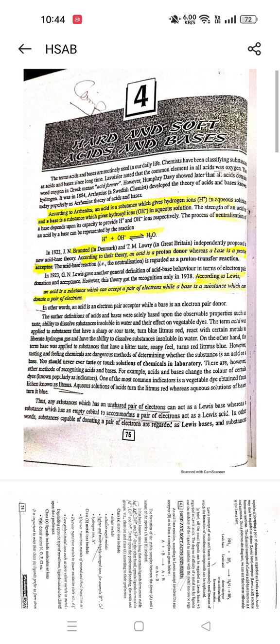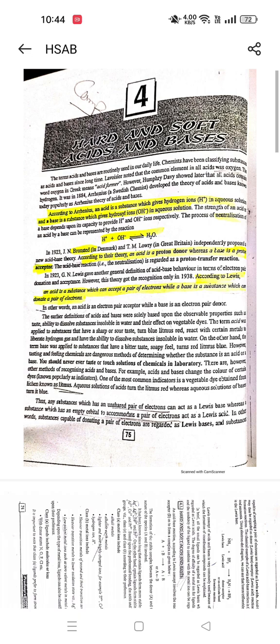The strength of an acid or a base depends upon its capacity to provide H+ and OH- ions respectively. The process of neutralization of an acid by a base can be represented by the reaction H+ plus OH- is in equilibrium with H2O.